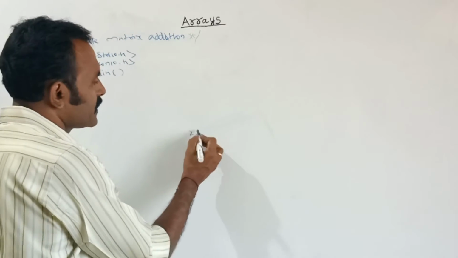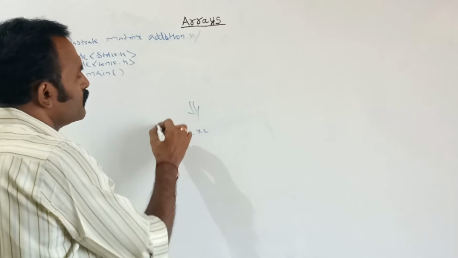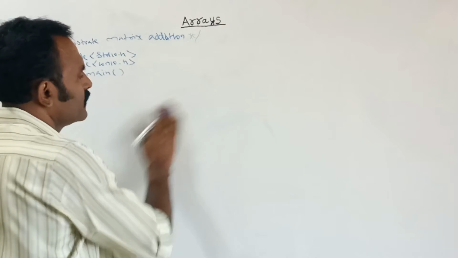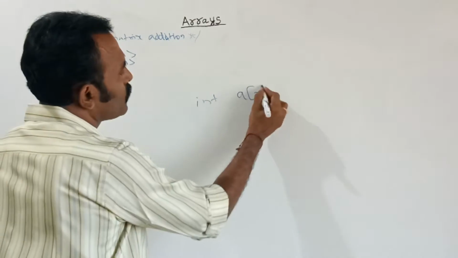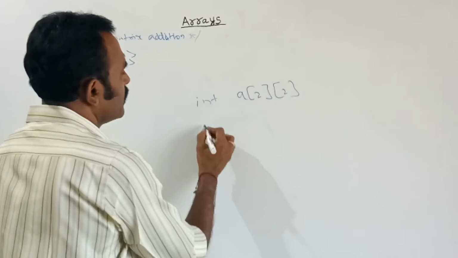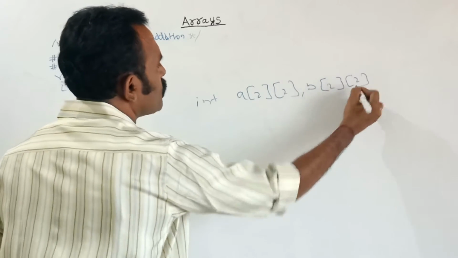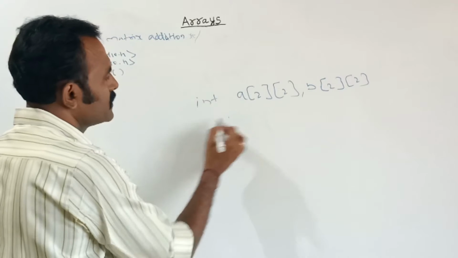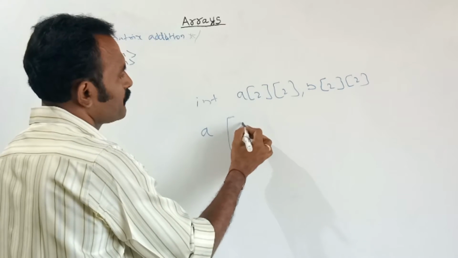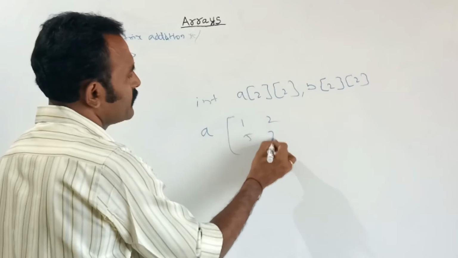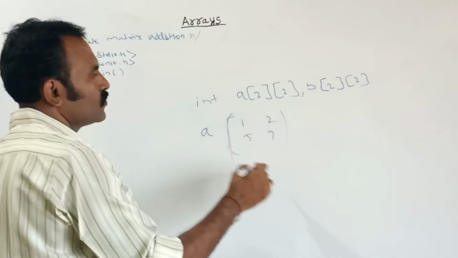For example, let us take 2 cross 2 matrices A and B. If I am declaring integer A of 2 and 2, next B of 2 and 2. Here this is the matrix A: 1, 2, 5, 7. This is a 2 cross 2 matrix, that is 2 rows and 2 columns.